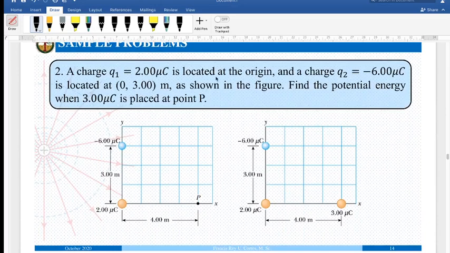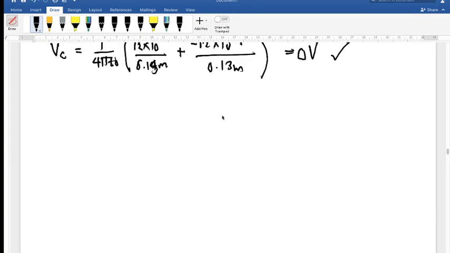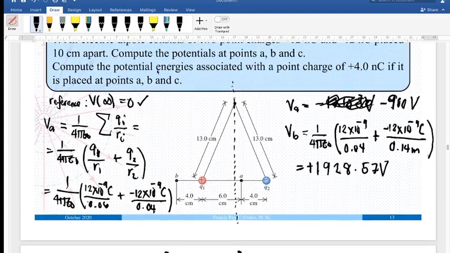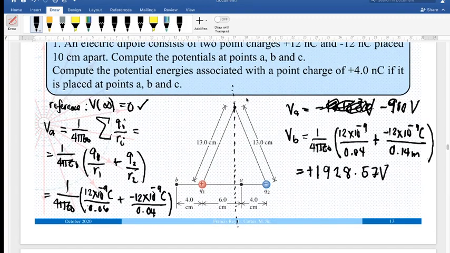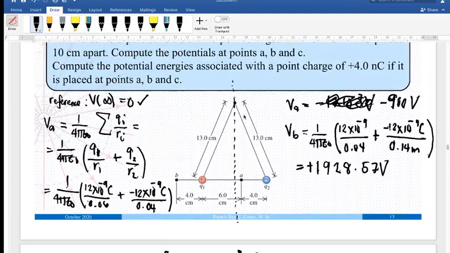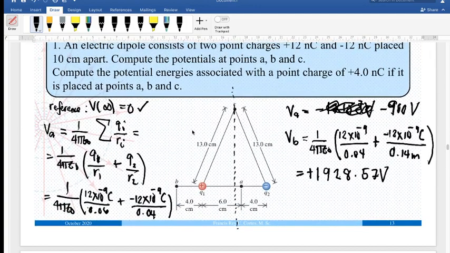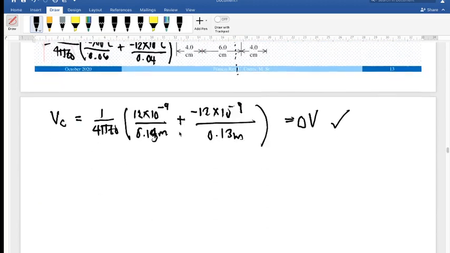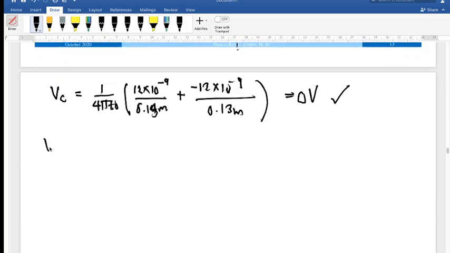So how about this one? We still have to find the potential energy. Compute the potential energies associated with a point charge of positive 4 nanocoulomb if it is placed at points A, B, and C. This is just a straightforward calculation again, because we know that V is equal to U over Q sub naught.